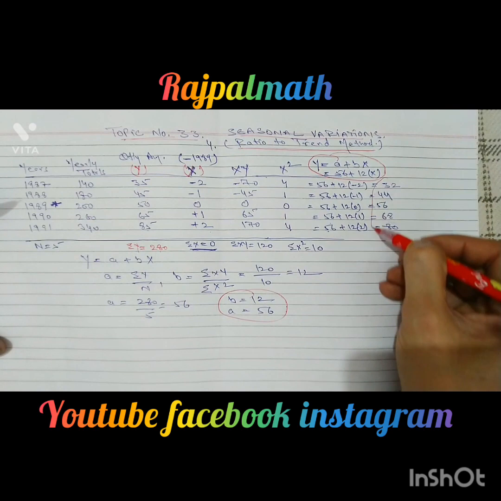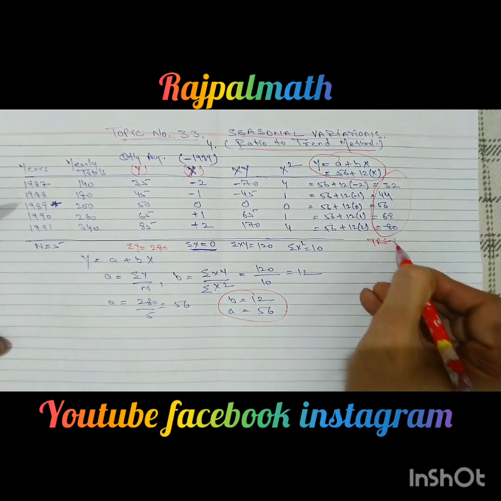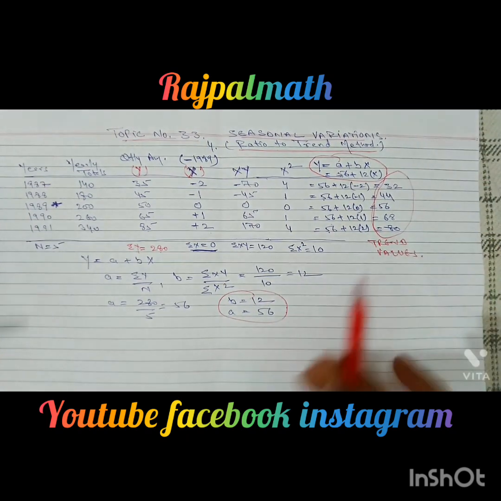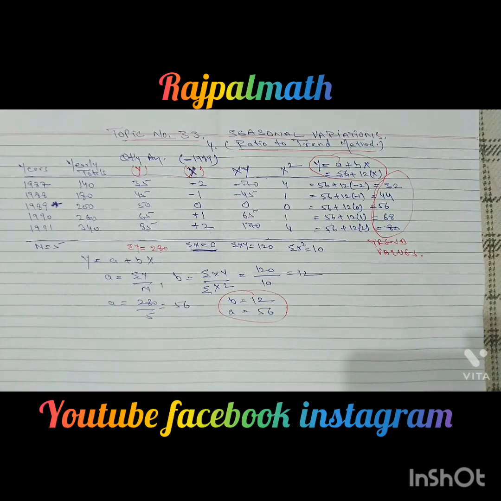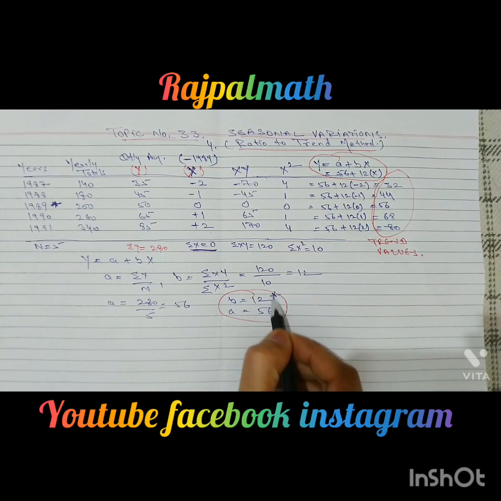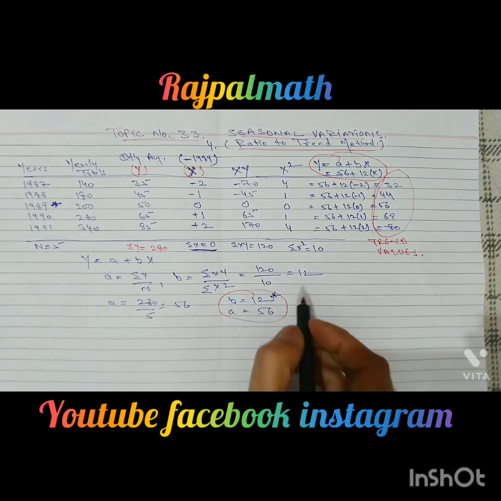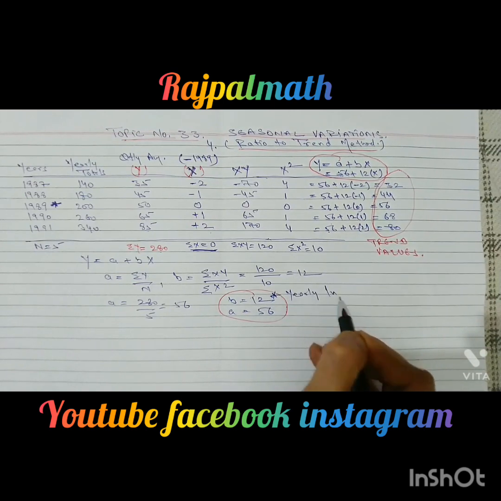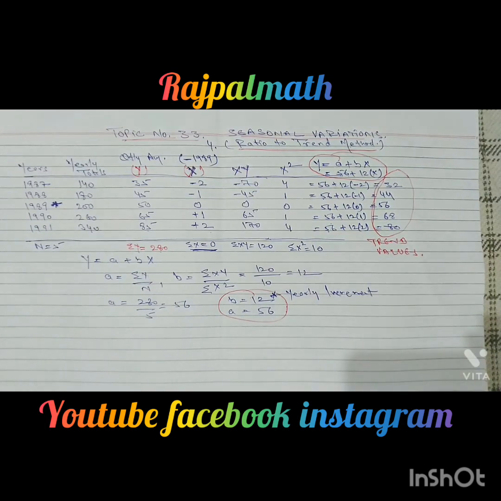These are our trend values: 32, 44, 56, 68 and 80. Now the value of b is 12. b is called the yearly increment. Now find the quarterly increment.